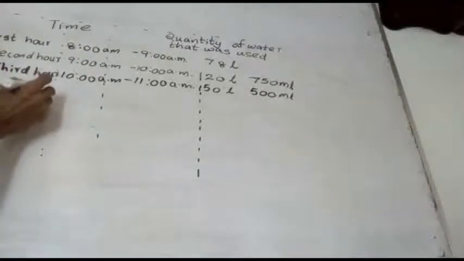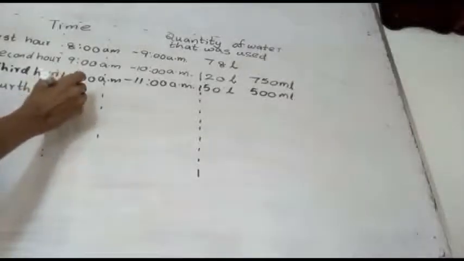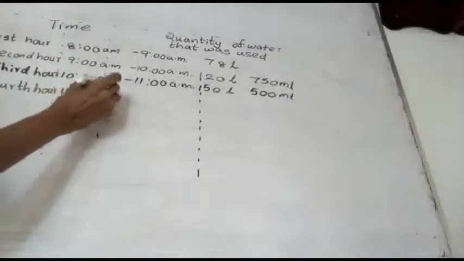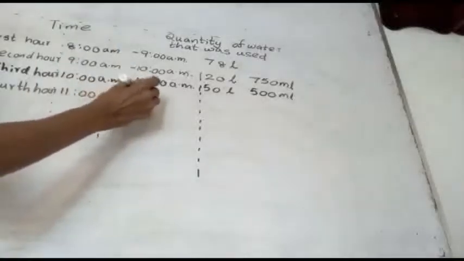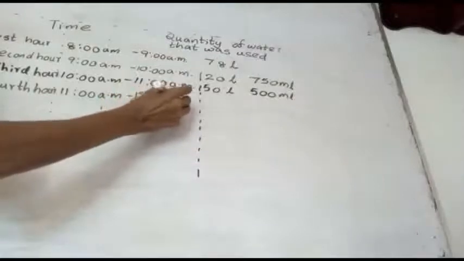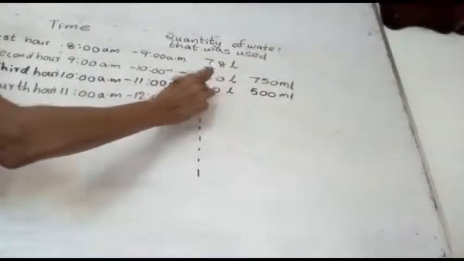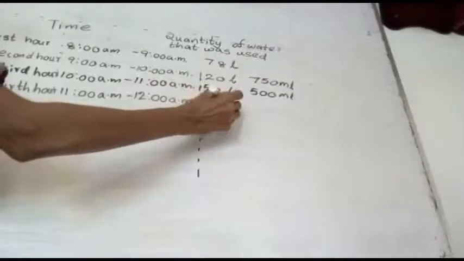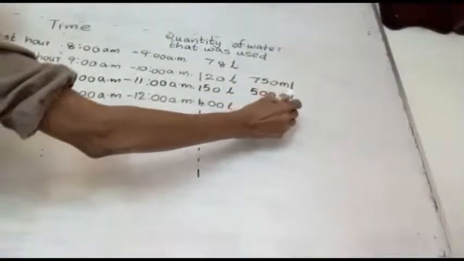Fourth hour, 11 am to 12 noon, 400 liters and 750 milliliters.